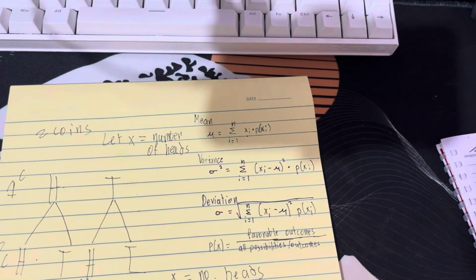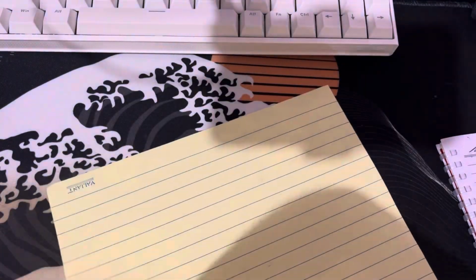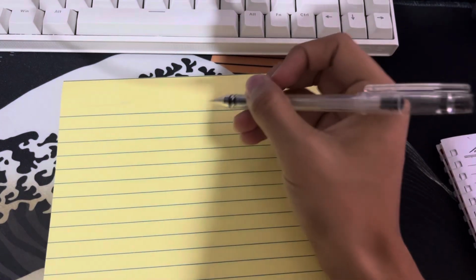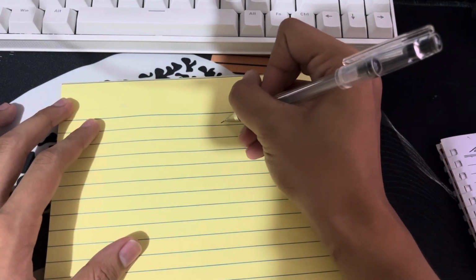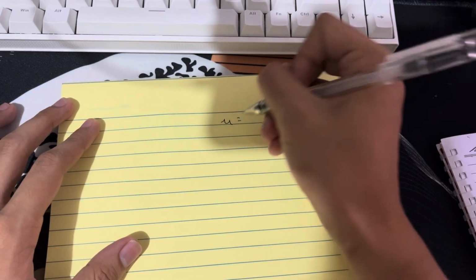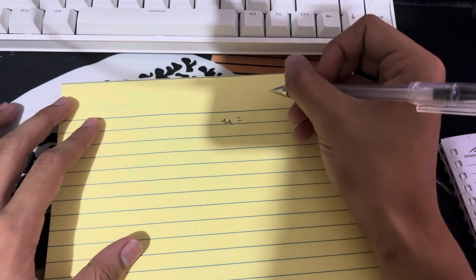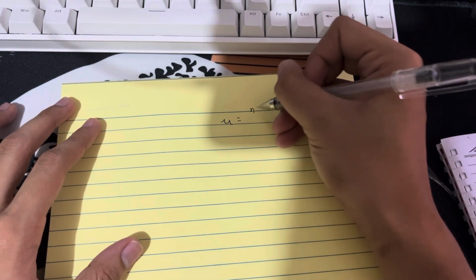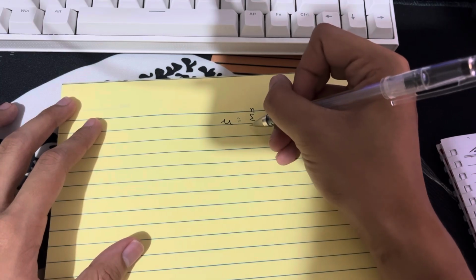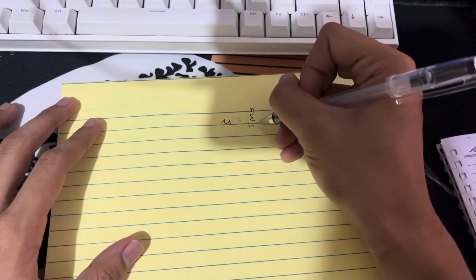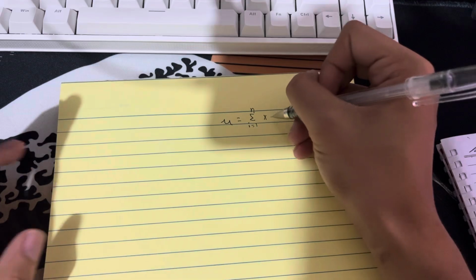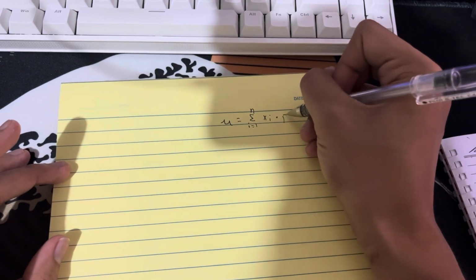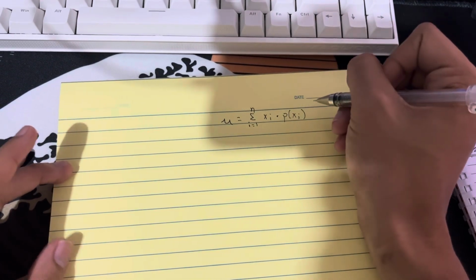So how do we construct this? Let's plug in the values. We know that the mean, or the mu right here, is the summation of i equals 1, of xi multiplied by P of xi.